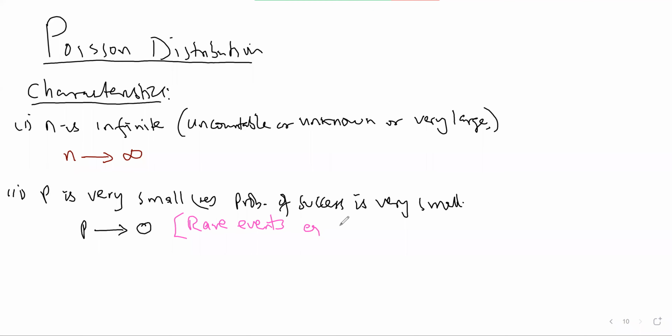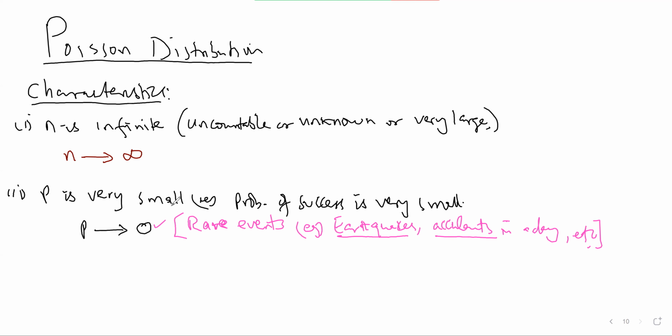For example, in our country, we can talk about earthquakes. Earthquakes are very rare in our country. And also you can talk about accidents, the number of accidents. Let's say here we're talking about the number of earthquakes in a year, or the number of accidents in a day, let's say on a busy highway. These are rare events. So if an event is rare, the probability of occurrence is very close to 0.